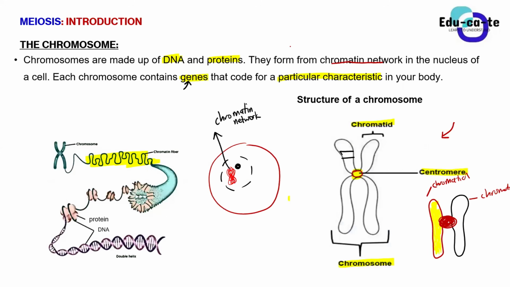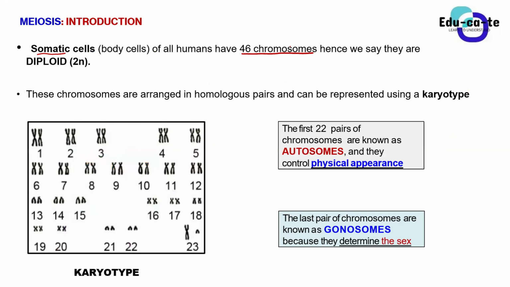I'm sure we already know now what chromosomes are. They are structures made up of DNA and proteins, and they are found in the nucleus of a cell. So the body cells of human beings, or the somatic cells, consist of 46 chromosomes. It means each and every one of those cells has 46 chromosomes.